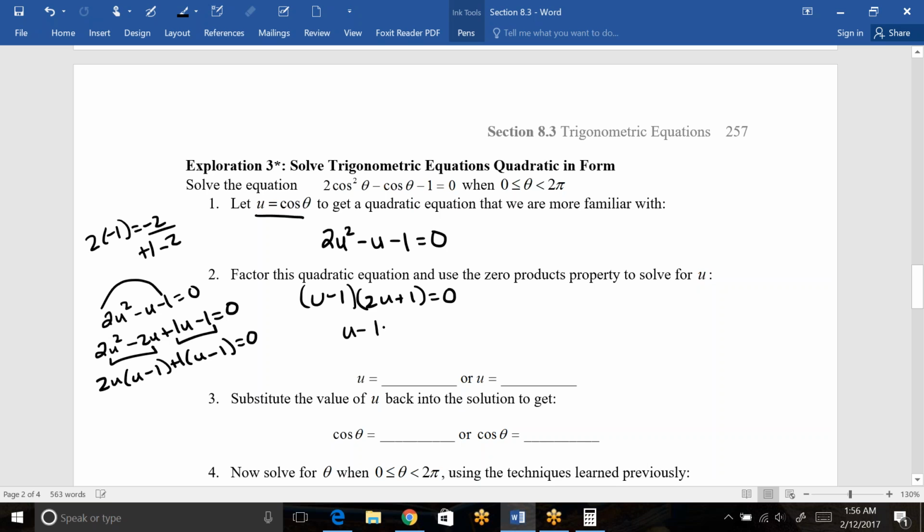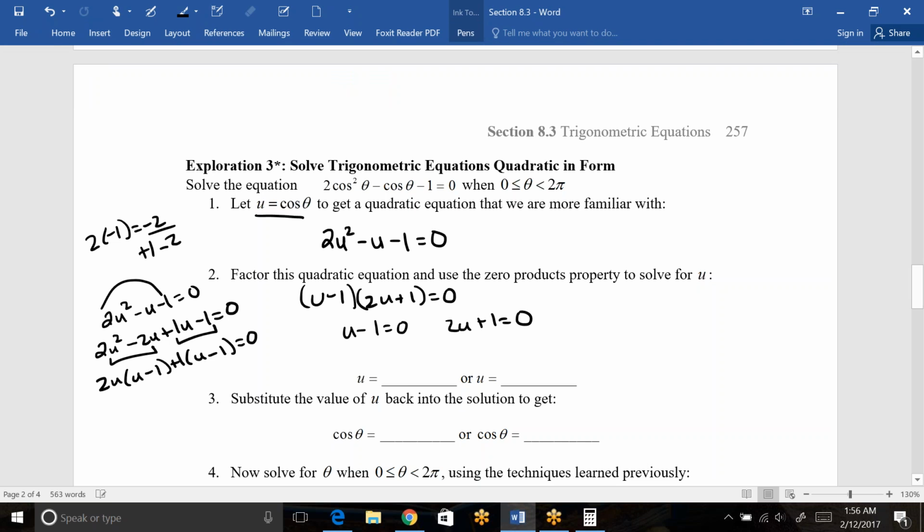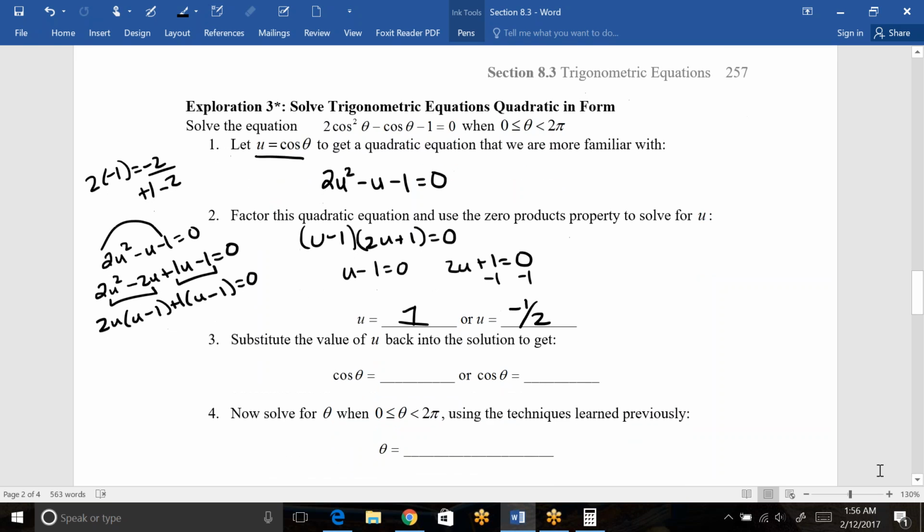And then we set each equal to 0. So this is positive 1. So positive 1 is one of the possibilities, and this is -1/2, because we would subtract that over and then divide by 2. Now, remember, those are not the answers to the final part of this equation.